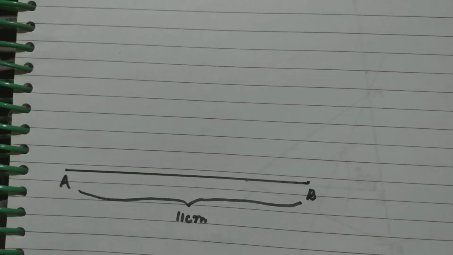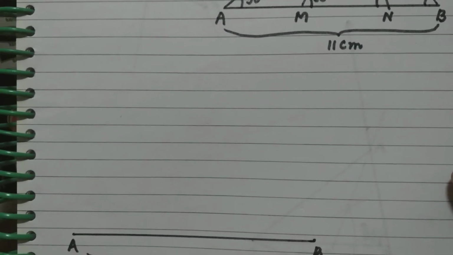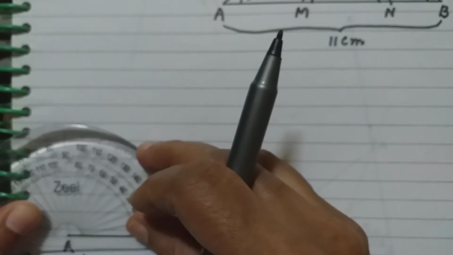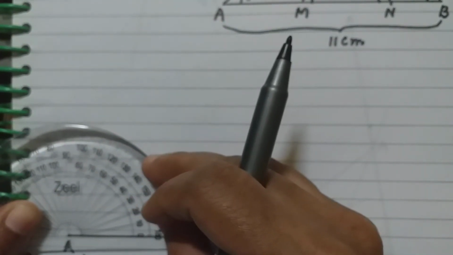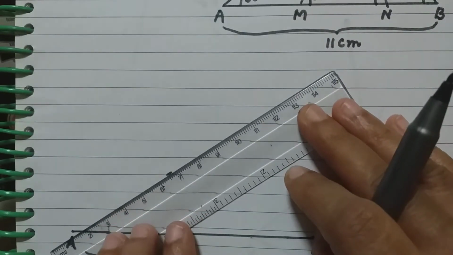The base angles, angle A and angle B, are 30 degrees and 40 degrees respectively. So we take the protractor, keep it at A. Take the measurement 30 degrees. So we draw a ray passing through the point A and this point.